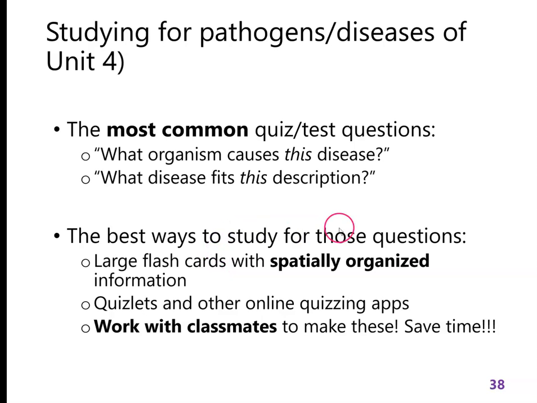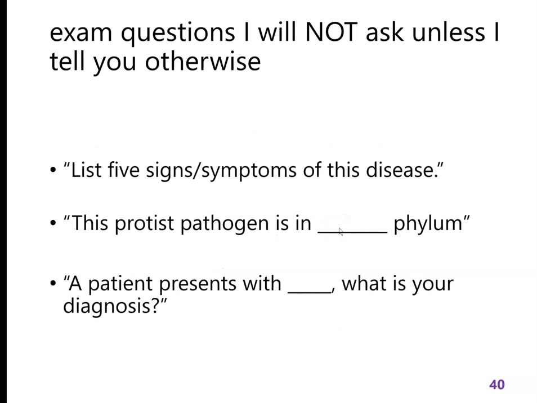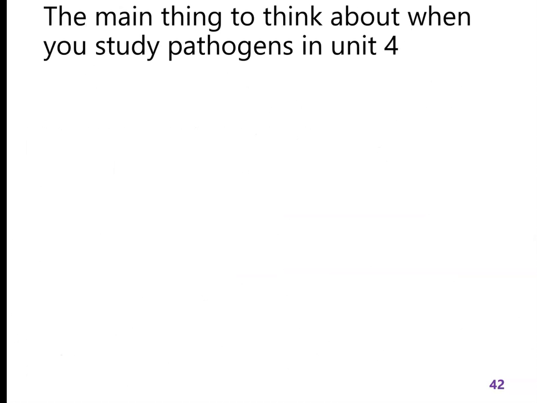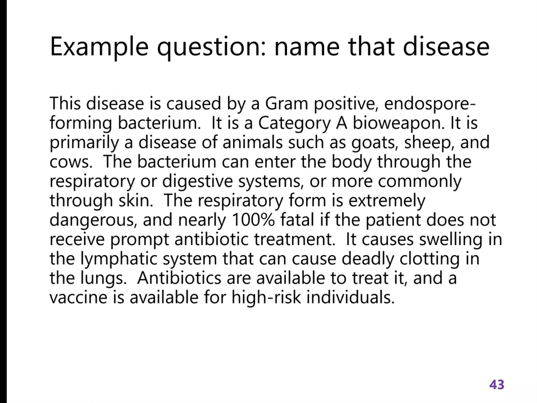And when you finally take the test, you're going to see questions like this. So you can pause the video if you want, read this. You might or might not get this. A lot of times I've talked about this disease already in class.